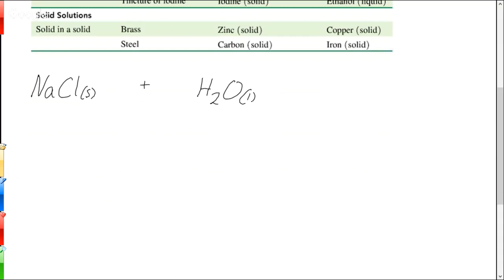So if we really zoom in on this stuff, what does it look like? What does sodium chloride look like at the molecular level? If you zoomed into the individual ions, what would it look like? How could you describe it? What's it made up of?